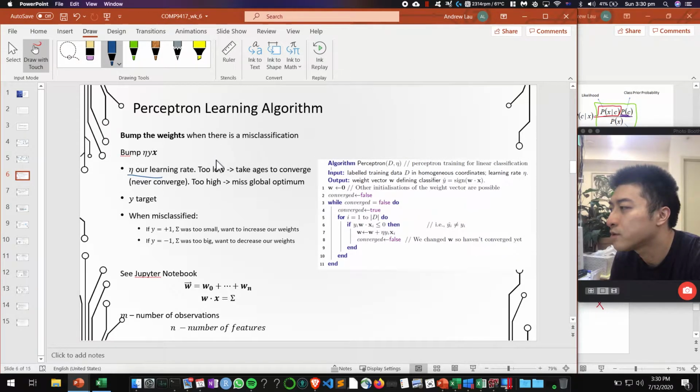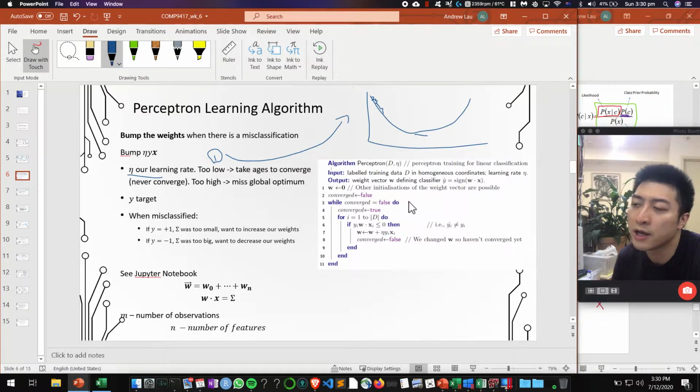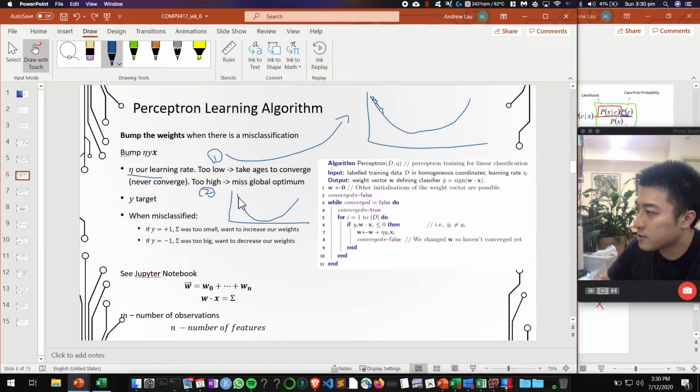So say you have problem one. You've probably seen this before. Let's say you're doing some sort of gradient descent, and you're trying to find the global minimum. If the eta is too low, then it's taking too long and you don't end up converging on the global minimum. Now, of course, there is this other problem. If you have a learning rate which is too high, you might just constantly bounce around and miss the global minimum.